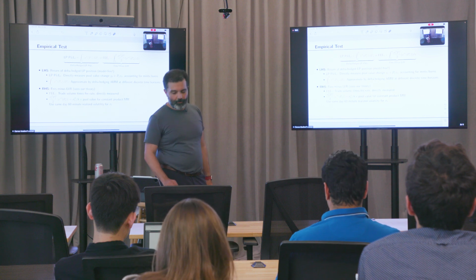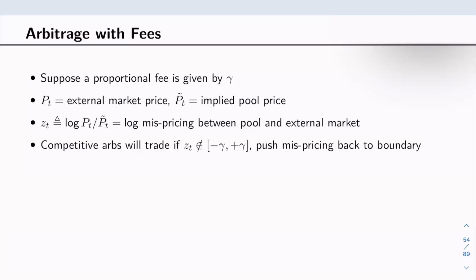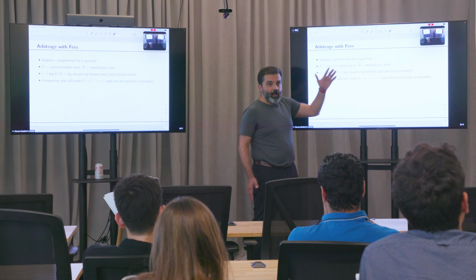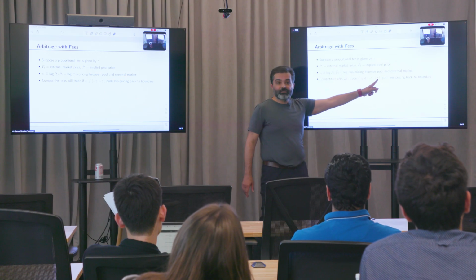Right. Yeah. Right. OK. So if you think about it, if Z_T is the mispricing and I have a fee given by gamma, I'm only going to trade if the mispricing exceeds the fee, right? So if, for example, the mispricing is above gamma, what that would mean is that the pool asset is undervalued by more than gamma, I would trade against that until it reaches exactly gamma.